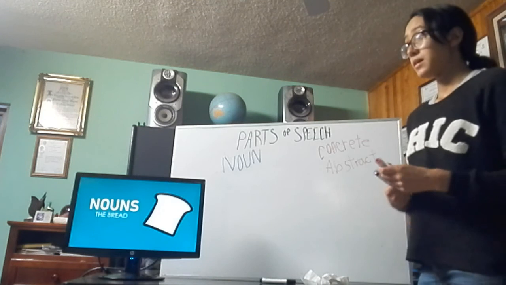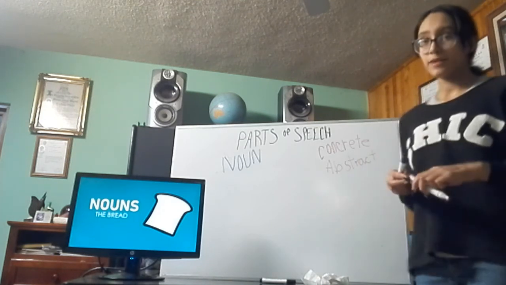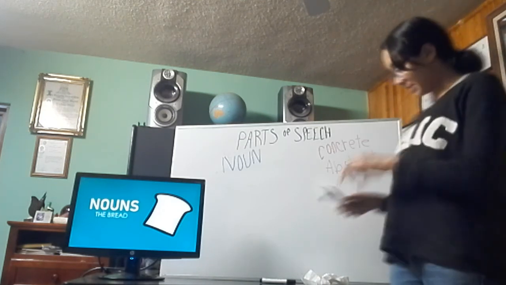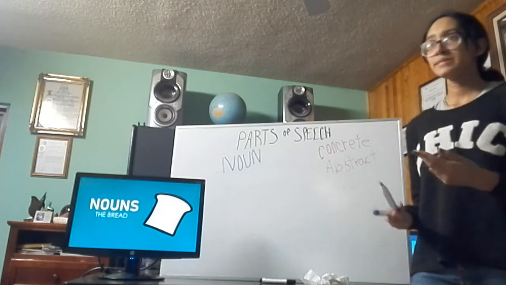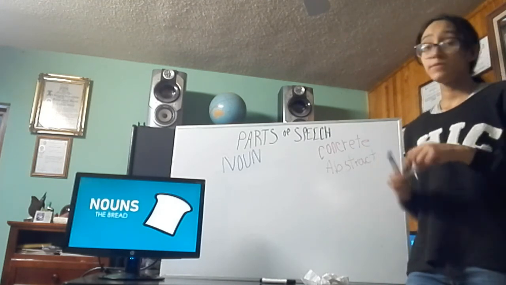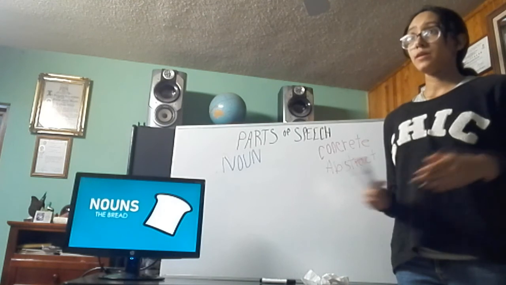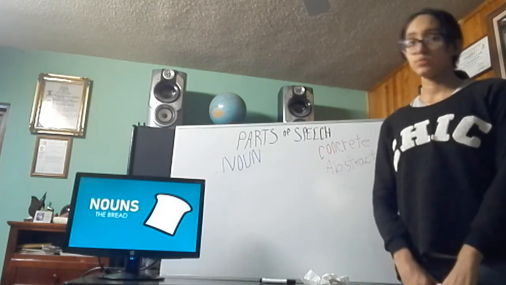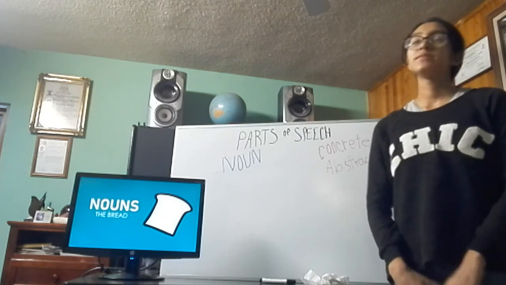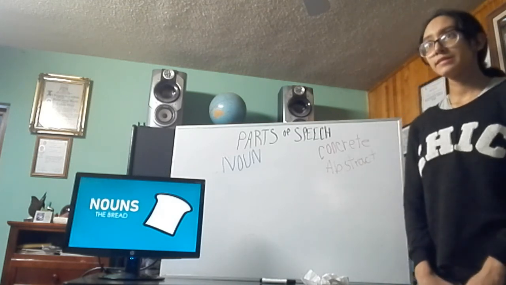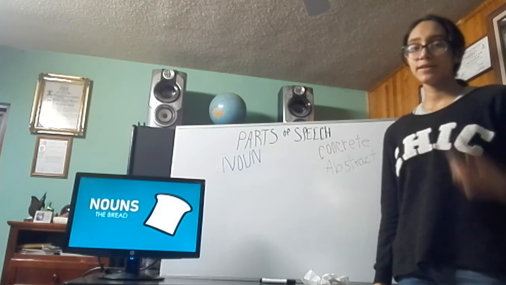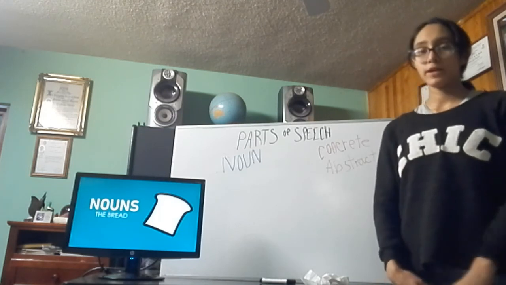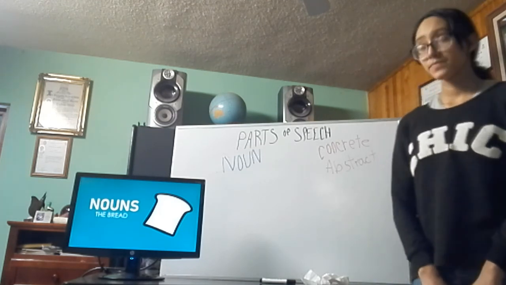Another way to classify nouns is by using count, mass, and collective nouns, and all of these new classifications that you can find when you research more about nouns. For example, count nouns are the ones that you can count, that have a singular and a plural way of writing them.